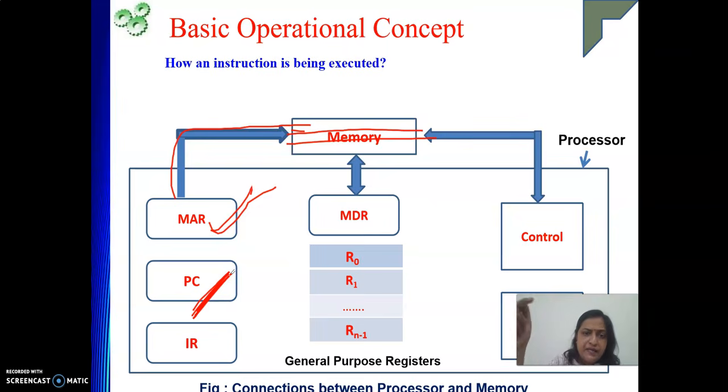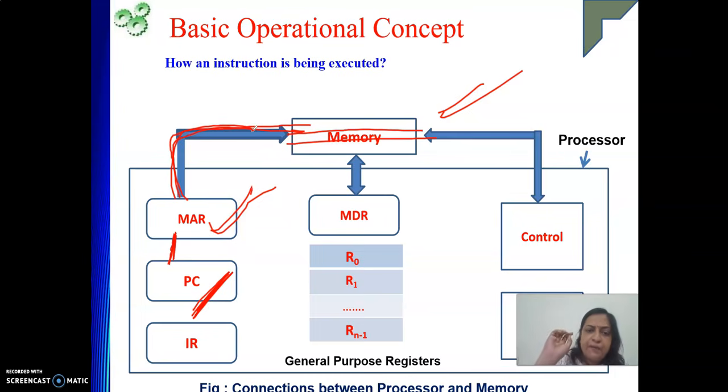But in this diagram, we have seen that only MAR can give the address to the memory. So what do I have to do? PC content I will give to MAR. Then MAR will give the address to memory. Whenever someone asks you to get something, your first question is: from where?